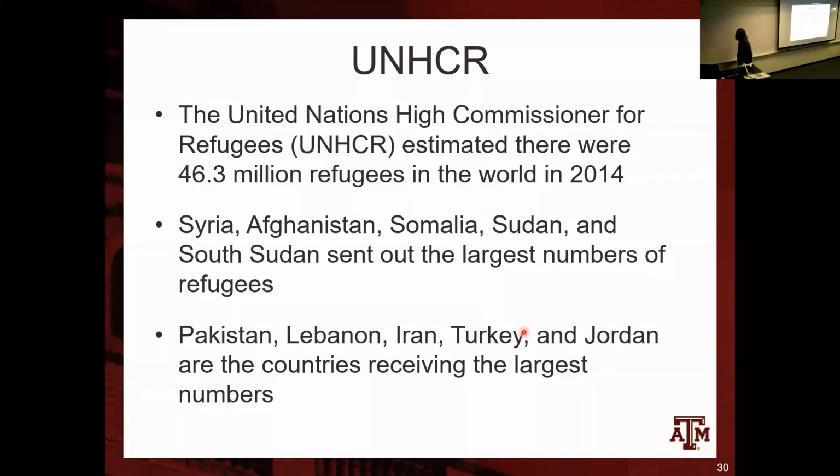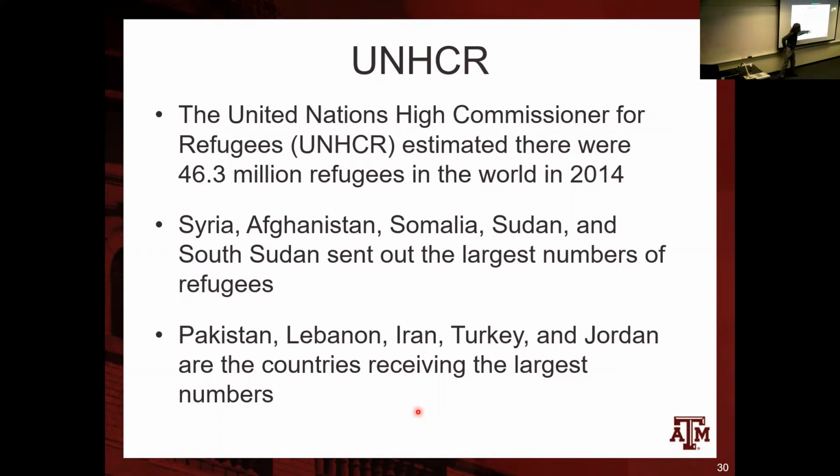Syria, Afghanistan, Somalia, Sudan, and South Sudan sent out the largest numbers of refugees. Pakistan, Lebanon, Iran, Turkey, and Jordan are the countries receiving the largest numbers. Lebanon, Turkey, Jordan, and northern Iraq are the ones receiving the largest numbers of Syrian refugees.